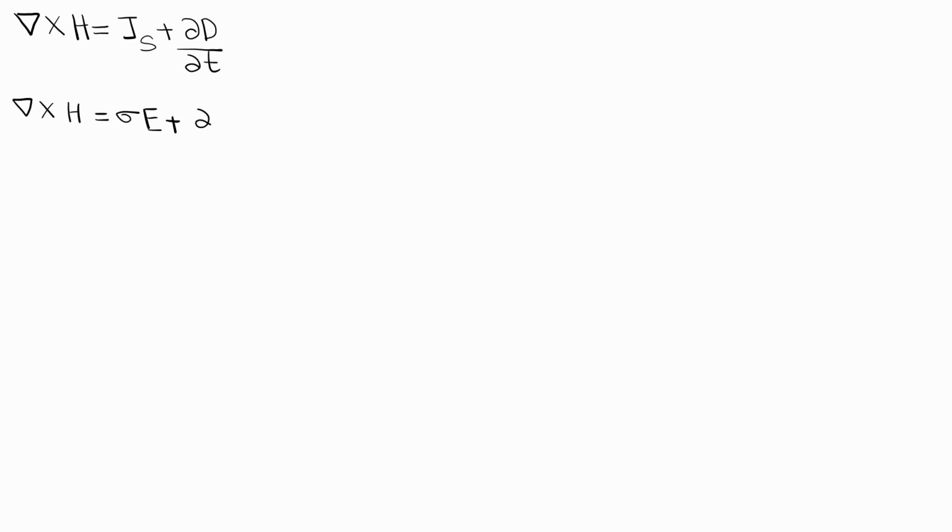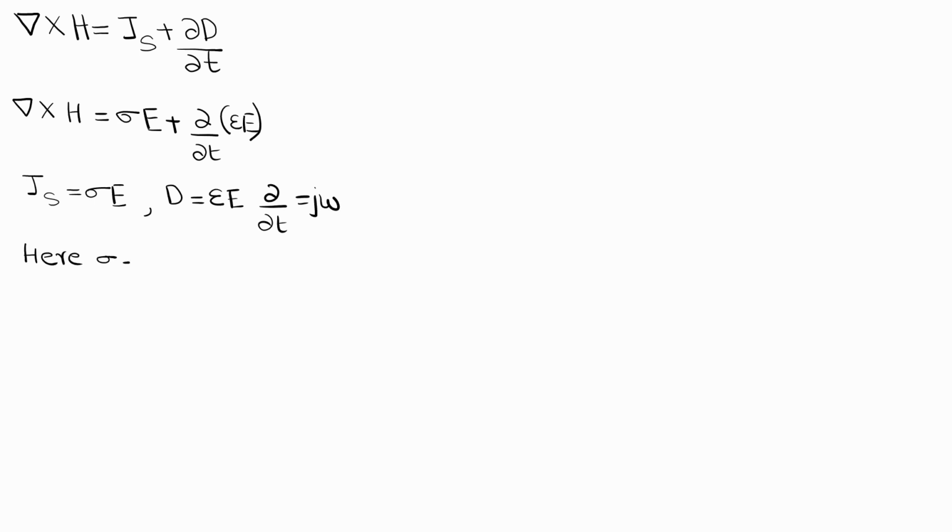Del cross H equal to sigma E plus dou by dou t of epsilon E, where Js equal to sigma E is the conduction current density, and D equal to epsilon E is the electric flux density, and dou by dou t equal to j omega, which is the phasor form representation of dou by dou t. Here sigma equal to 0. So the equation becomes del cross H equal to j omega epsilon E. Consider it as equation 1.